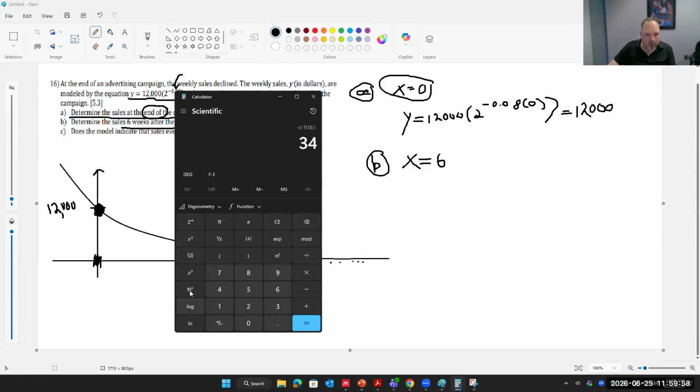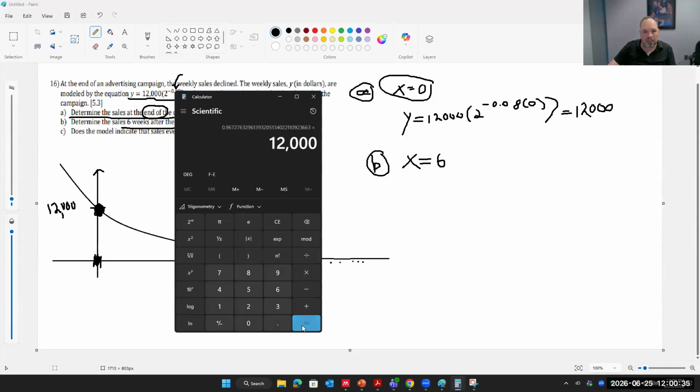Which is going to be hard for me to do here, but let me give it a try. 2 to the negative 0.08 times 6, and then multiply that by 12,000.